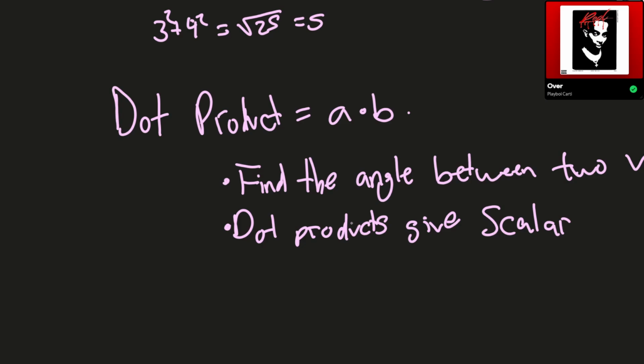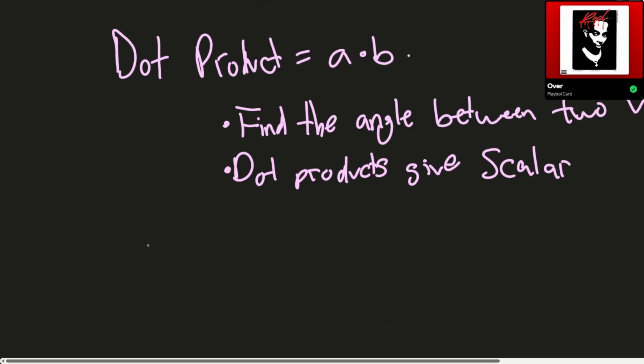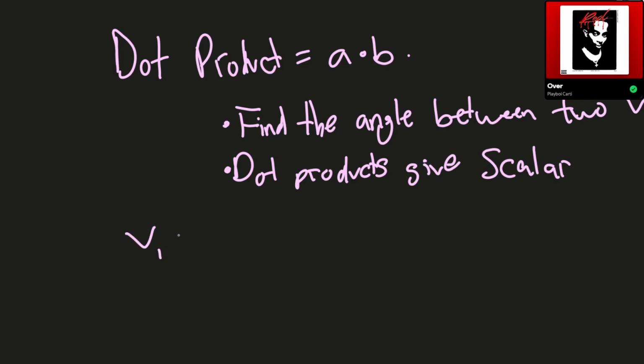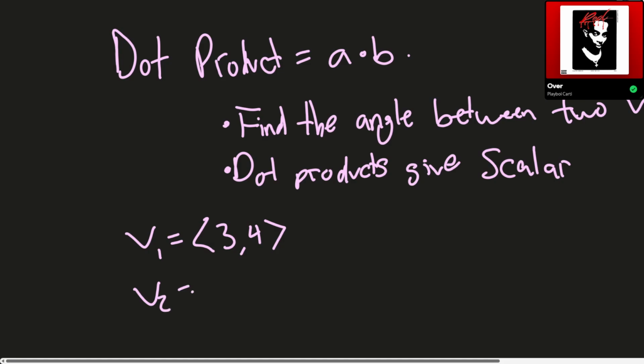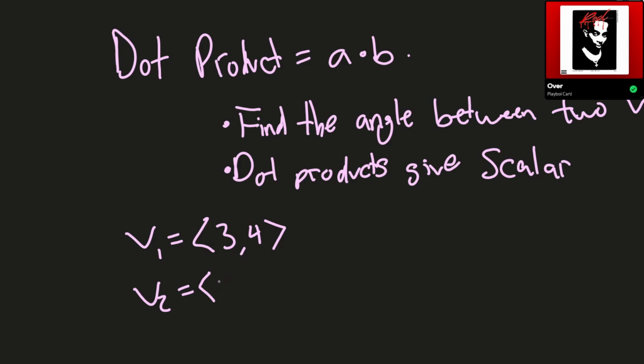And in order to find the dot product, it's really pretty simple, and I'll show it right now. Let's give ourselves vector 1, and let's say here are the A and B values. Let's say 3 and 4. And here is vector 2, which is let's say 1 and 3.